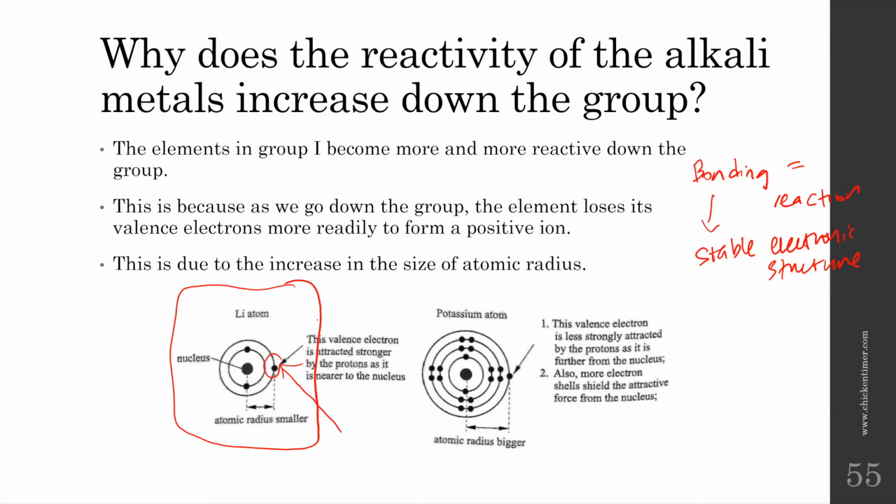So for a reaction to take place for group 1 metals, what happens is it will lose the valence electron and then form a positive ion, right? Bonding happens when group 1 metals lose their valence electron to form a positive ion, right? So then in that case, every group 1 metal will have to lose one electron in the valence shell, correct? Yeah.